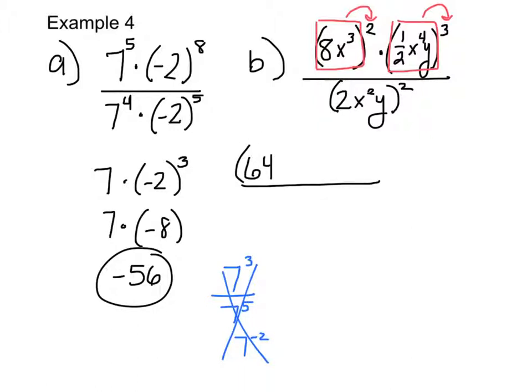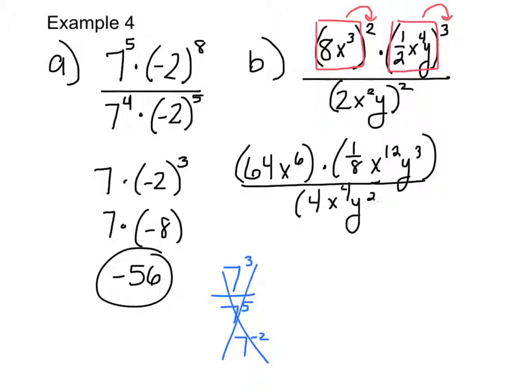X to the third to the second is x to the sixth, the powers to powers. Then we take 1/2 to the third power, which gives us 1/8. X to the 12th, y to the third. On the bottom, I'm going to take 2x squared y to the second power. That gives me 4x to the fourth, y squared.